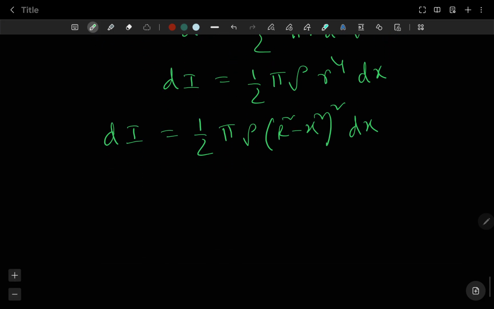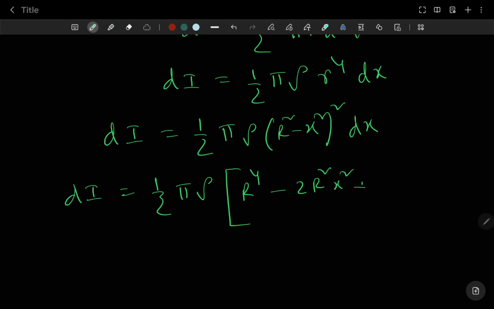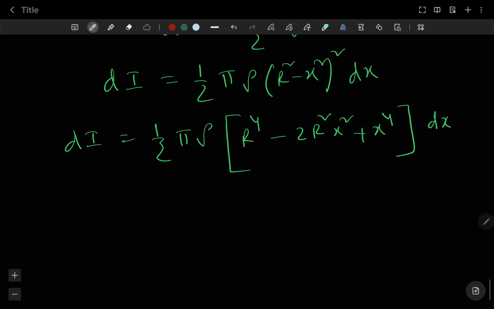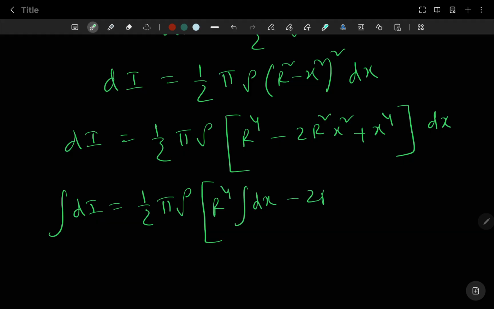Let me write it like this: R4 minus 2R square x square plus x4, dx. So if I integrate, I will be half pi rho times R4 integral dx minus 2R square integral x square dx plus integral x4 dx.